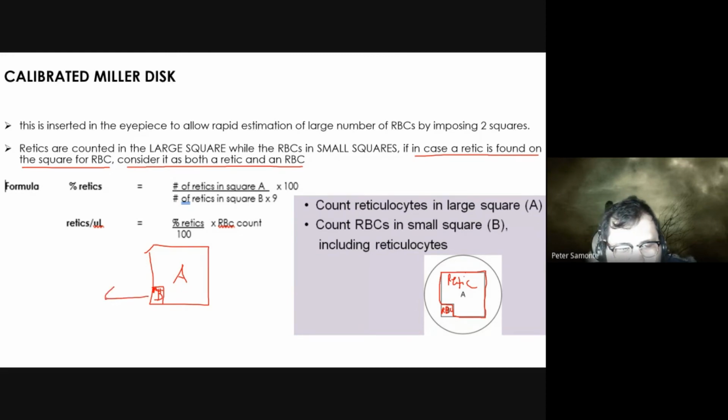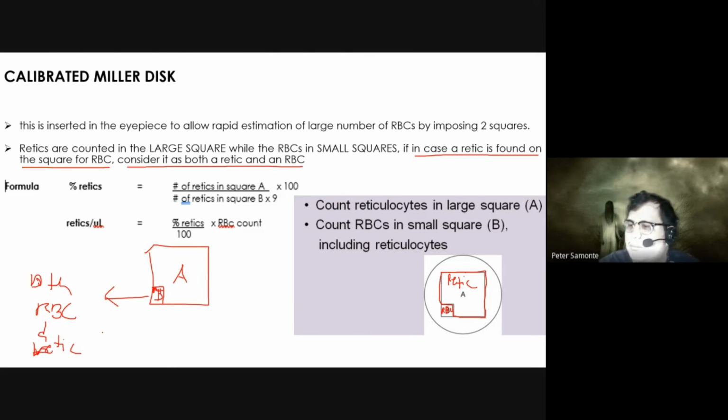It would be counted as both RBC and reticulocyte. Okay? Yung large square, yung A, is for counting reticulocytes. Yung small square, which is yung B, is for counting RBCs.